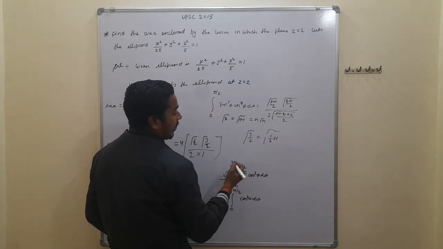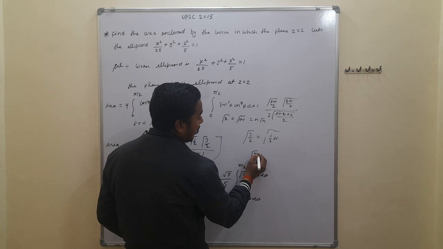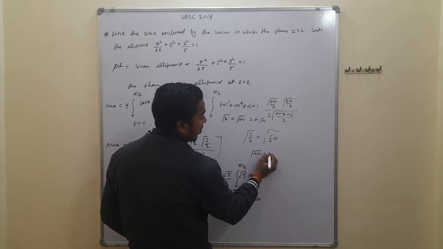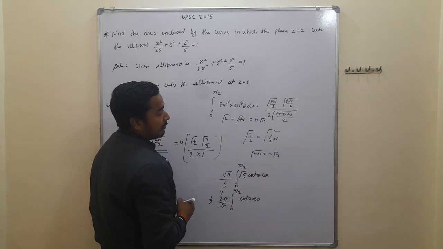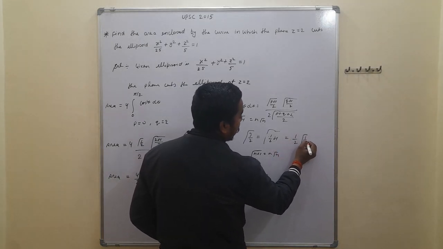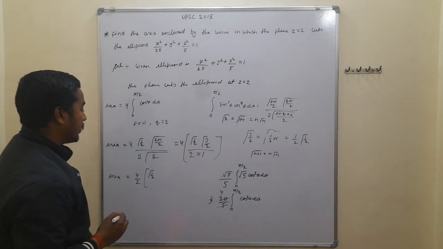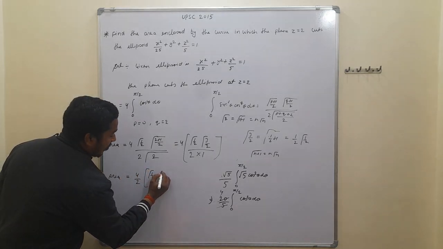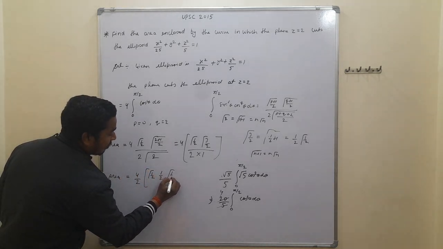This is the form of gamma n plus 1 is equal to n gamma n. So gamma 3 by 2 is written as 1 by 2 into gamma 1 by 2.